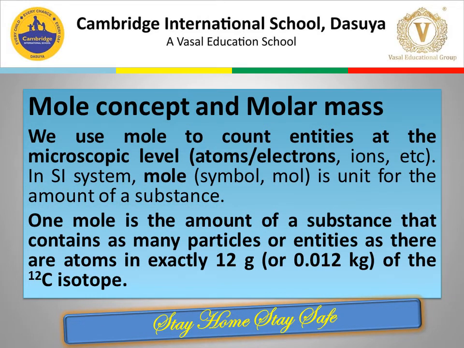Molar mass. First of all, we'll discuss what is a mole. When we talk about atoms and molecules, they are extremely small, and even if we take a very small amount of such a substance, the number is very, very large. And to deal with such numbers, we need a unit which has a similar magnitude.